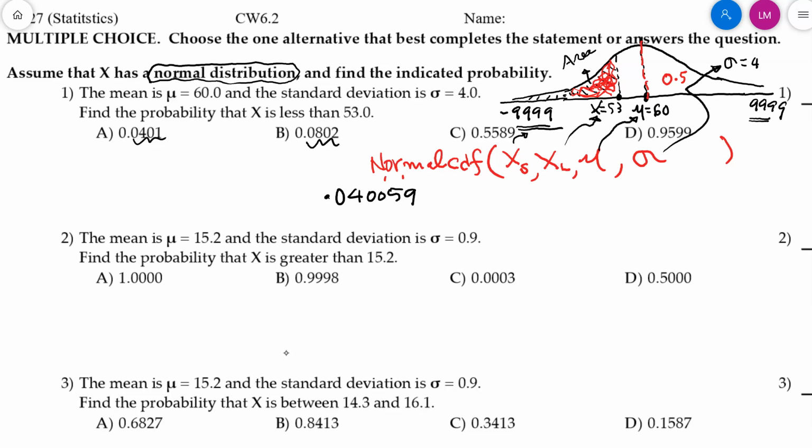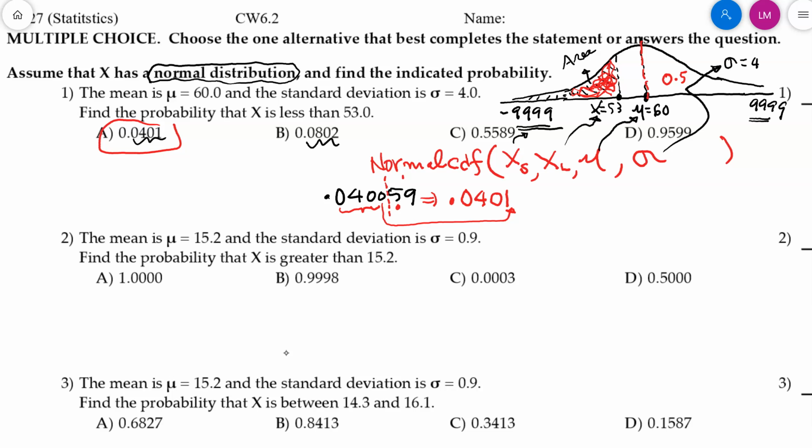This is the 4th decimal, and the next number is 5. Whenever it's 5 or greater, you have to round up. So this becomes 0.0401. This becomes 1. So answer is A.